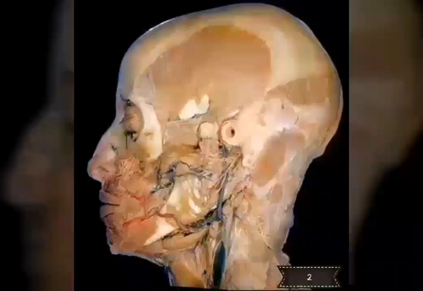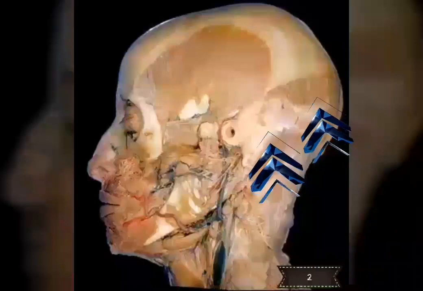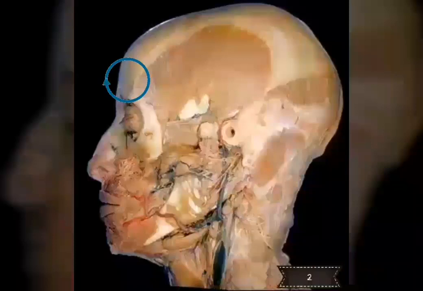Also, we have two nerves, the lesser occipital nerve and greater occipital nerve, which are branches from the cervical plexus. They innervate the skin over the scalp from the posterior area and lateral area. The supratrochlear nerve and supraorbital nerve supply the anterior area of the scalp.